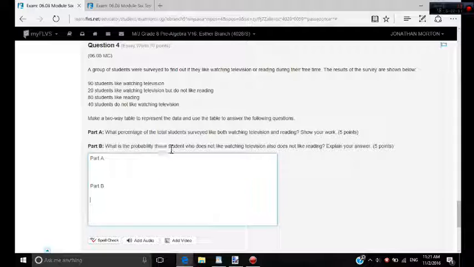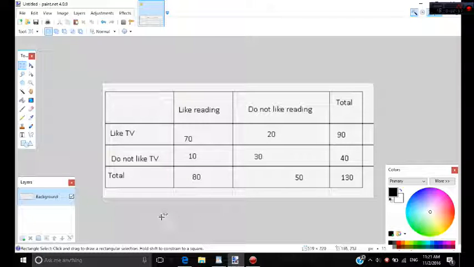And the second question would be, what is the probability that if a student does not like watching television, that they also do not like reading? The way that I found the answer to this question would be, the total of students that do not like TV is 40, and the amount of students that do not like reading or TV is 30.